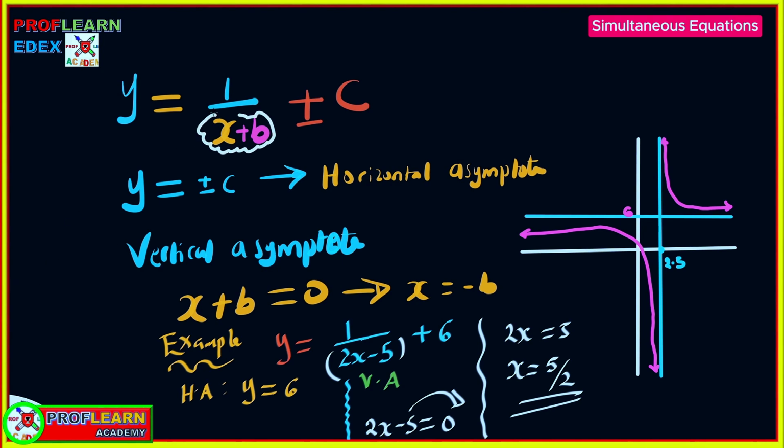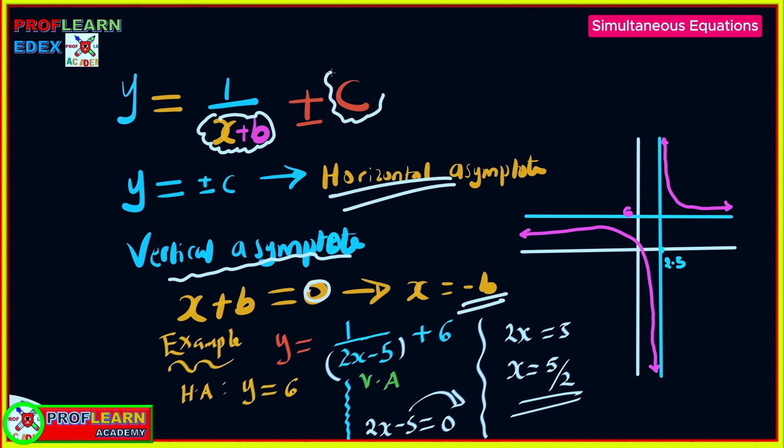This one will give us the vertical asymptote. So this is the part that you take and equate to 0 and then make x the subject of the formula. So for you to get the vertical asymptote, you use whatever is in the denominator, equate it to 0, and make x the subject of the formula.